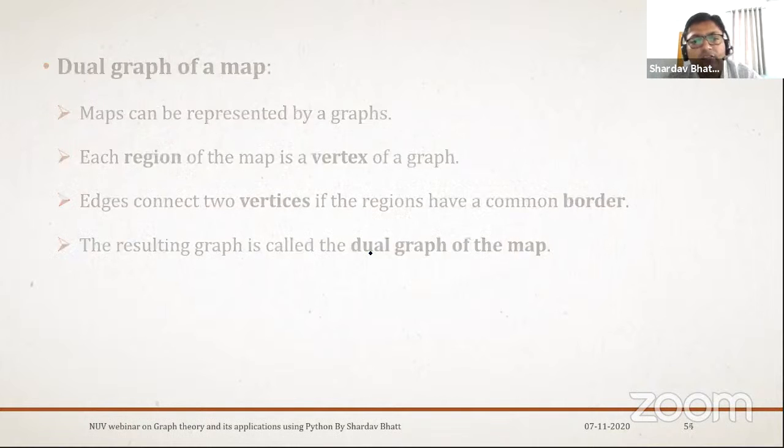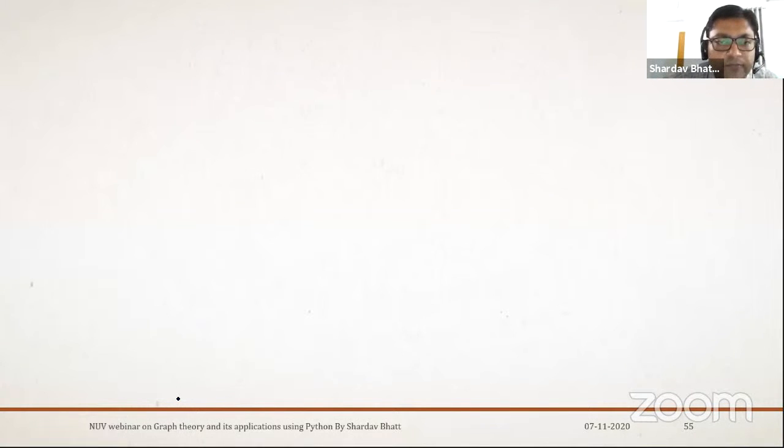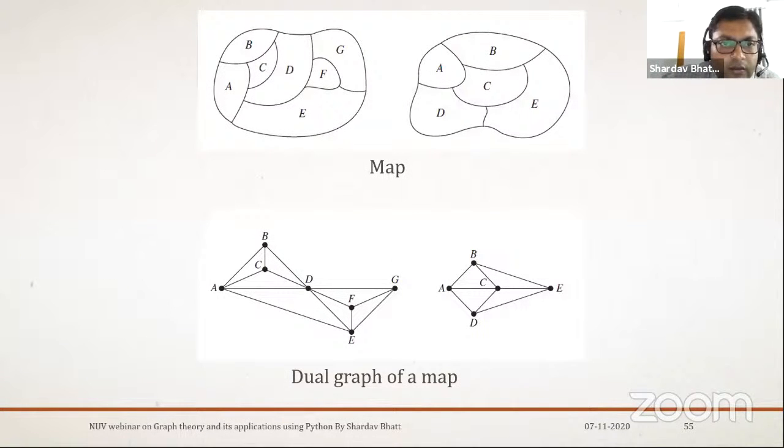So the resulting graph is the dual of a map. So you can see, suppose this is your map, then what is the dual of this map? It is nothing but a graph version of this. You can see A is connected with B, C, D, and E. So in the graph also, A is connected with B, C, D, and E. All the things are satisfied here.